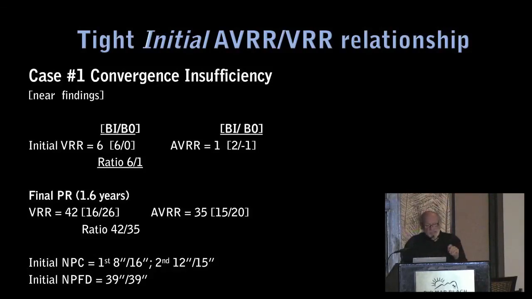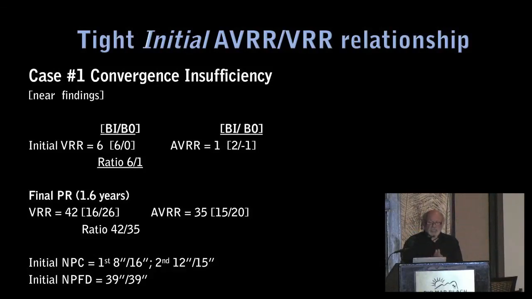In the initial finding, the recovery range of the classic divergence measure to diplopia was 6 base in recovery and 0 base out. So the entire recovery range was 6. This describes the spread, the power, the amplitude, but does not describe the center of the range.